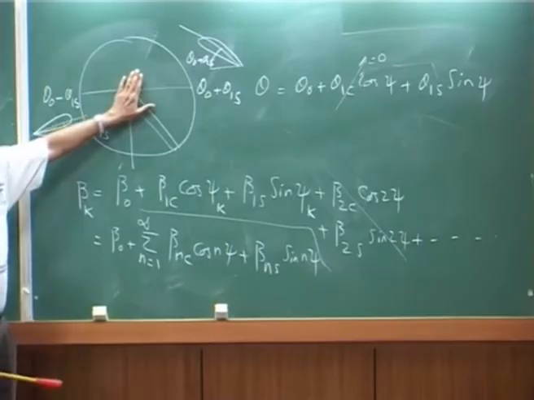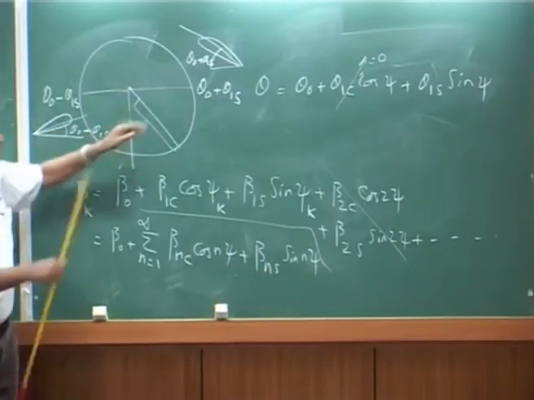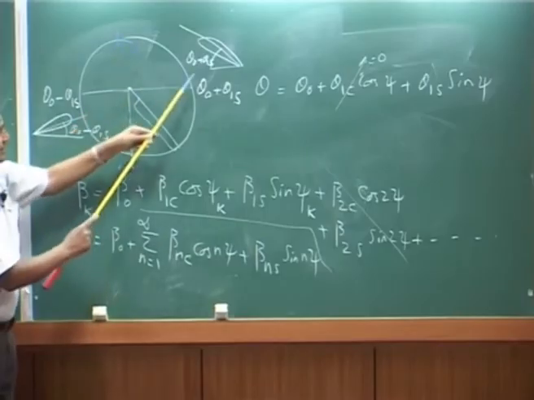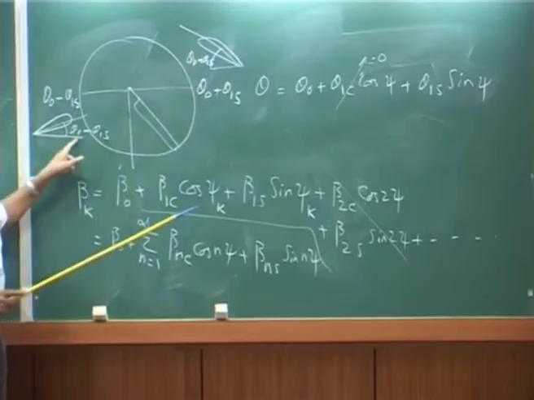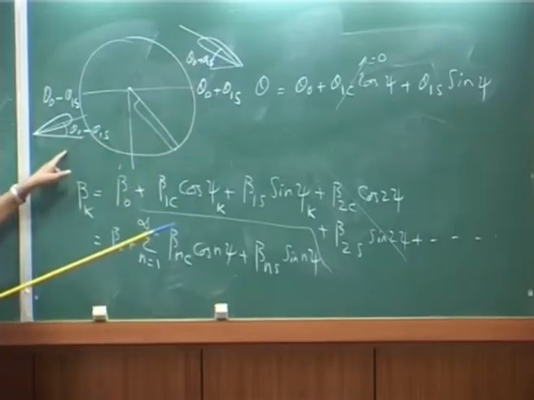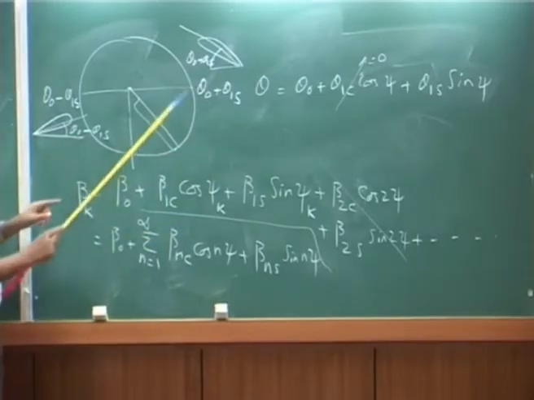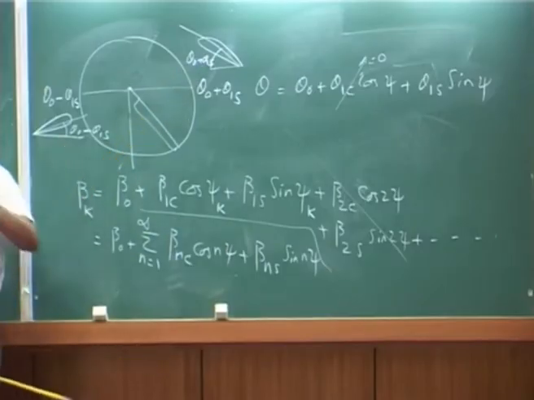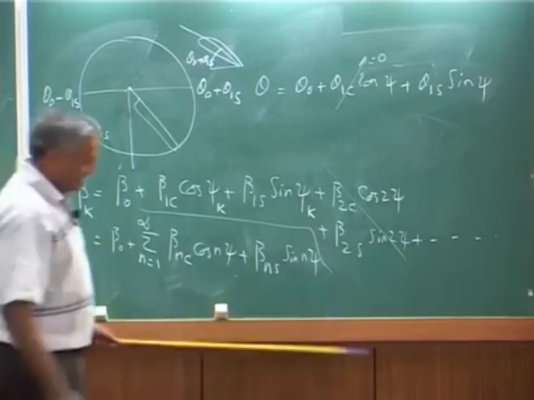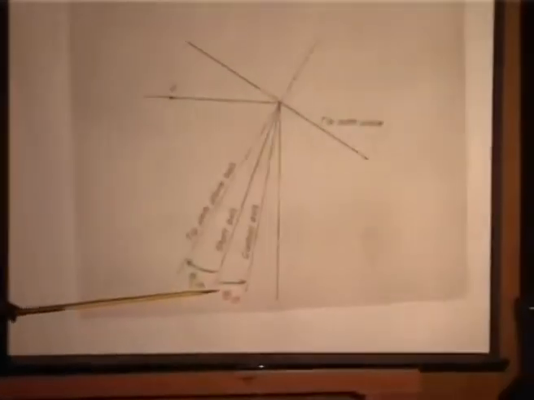If you tilt this plane up like this, what will happen? This will go up, here it will come down. So you will find that the pitch angle here will reduce, here will increase, till you tilt it such that the pitch angle is the same on both sides.